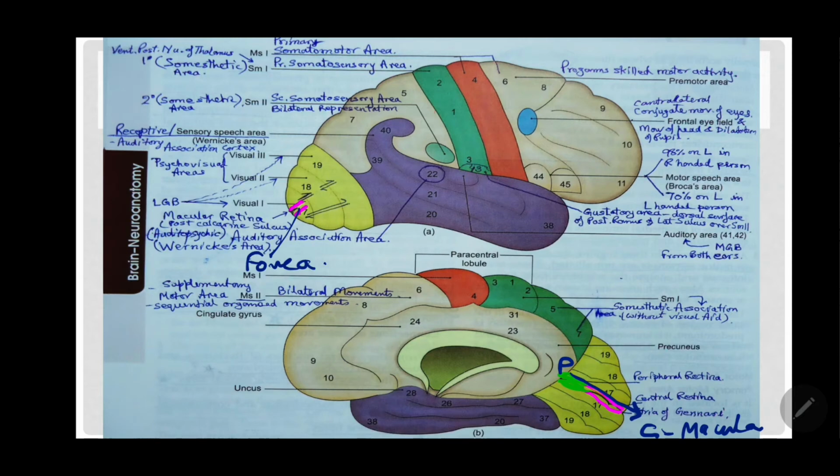So that means compared to the peripheral fibers from the retina, there is a bigger space for the relay of the macular fibers. Now with this comes another importance: if you have any sort of damage, injury or lesion in your peripheral retina, your life doesn't become much handicapped.